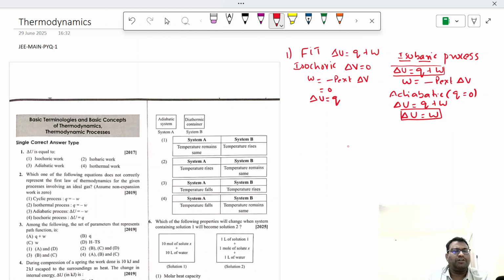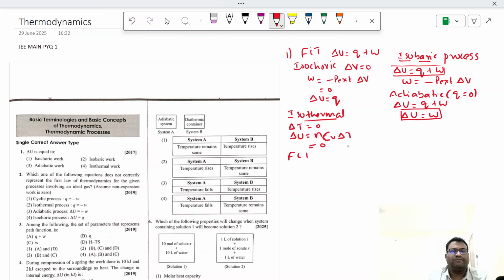Next, isothermal work. What is isothermal process? Isothermal, same temperature. So delta T is equal to 0. If delta T is equal to 0, previously we have studied that delta U is equal to n Cv delta T. If delta T is equal to 0, automatically delta U will be equal to 0.